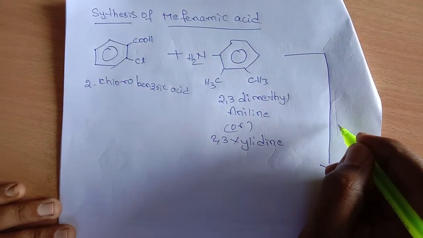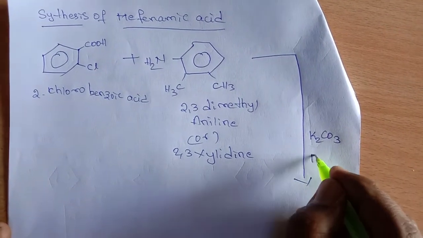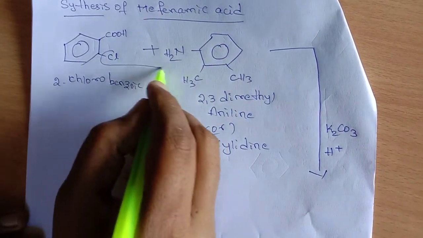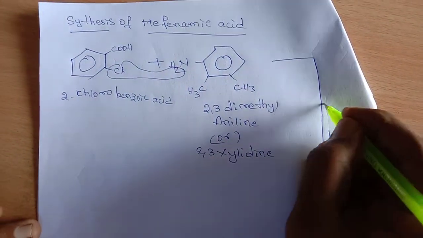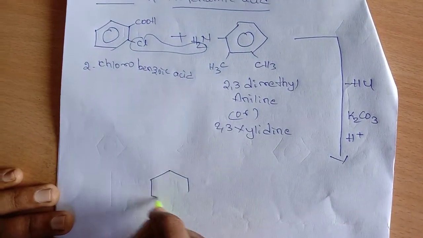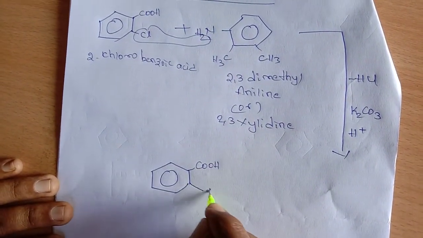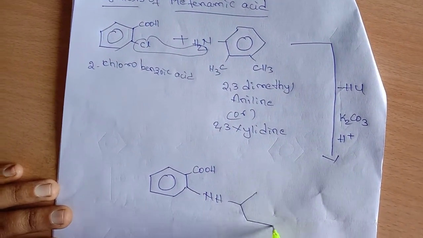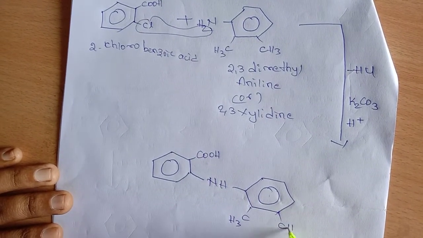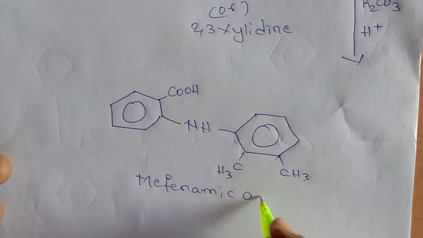It is treated with K2CO3 followed by treating with an acid. So by the removal of HCl, we will get mefenamic acid.